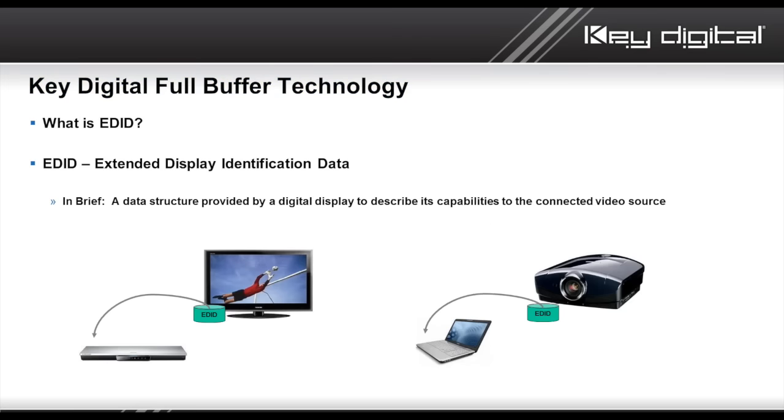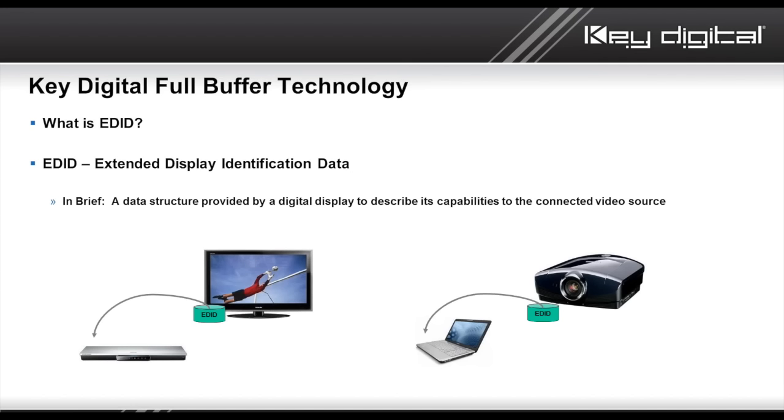What was the other layer? One of the other two layers is EDID. Again, imagine a simplistic world where your television is connected directly to your source, whether it be a consumer source like a Blu-ray player or a professional source like a laptop.